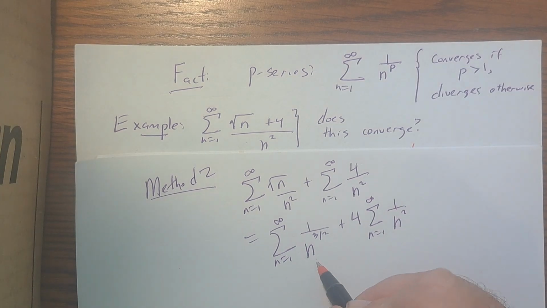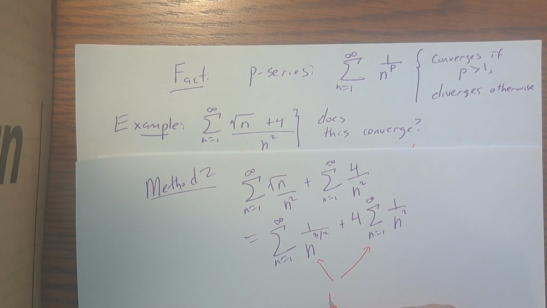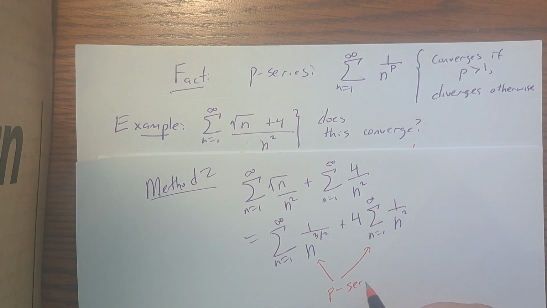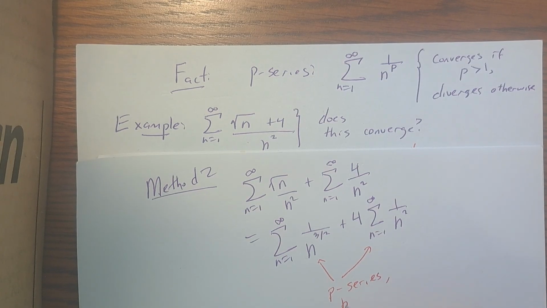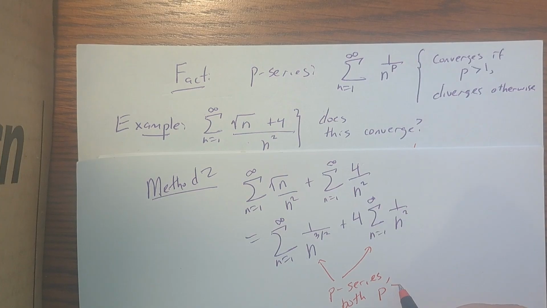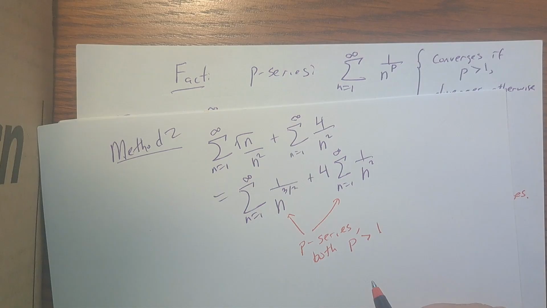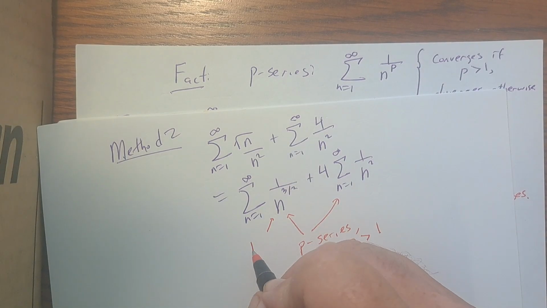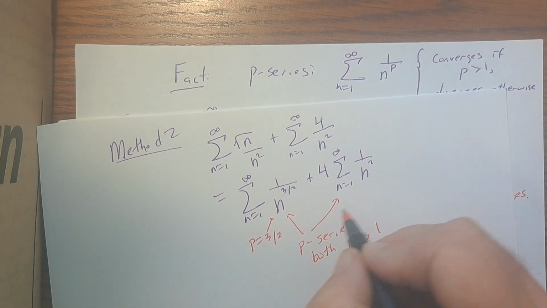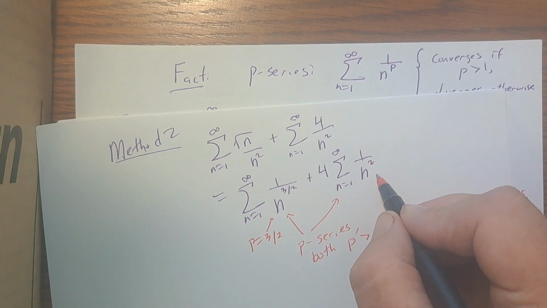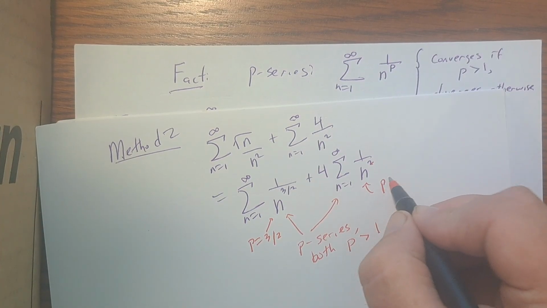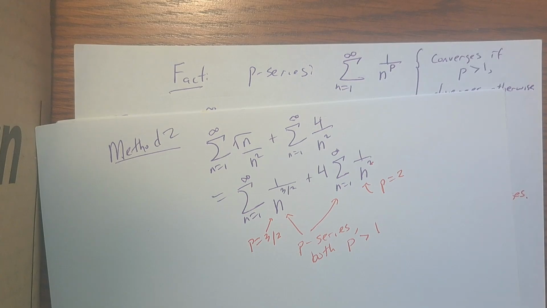Both of these are p-series. Both with a p that's bigger than 1. Here the p is the 3/2, and here the p is 2. But either way, those are both bigger than 1, so both series converge.